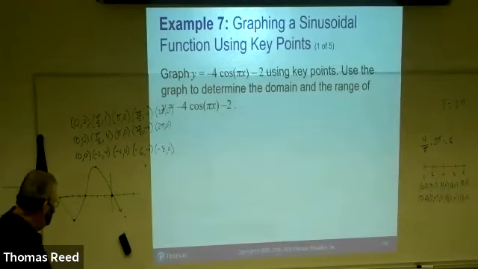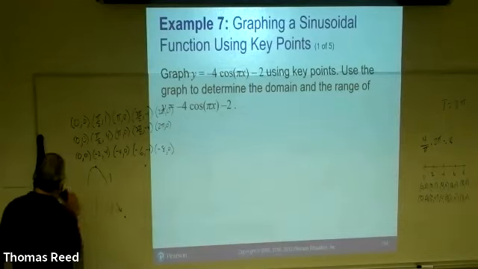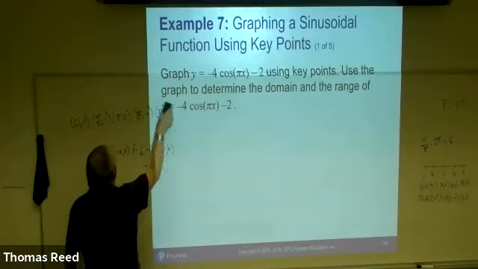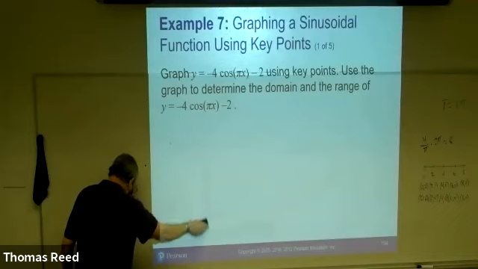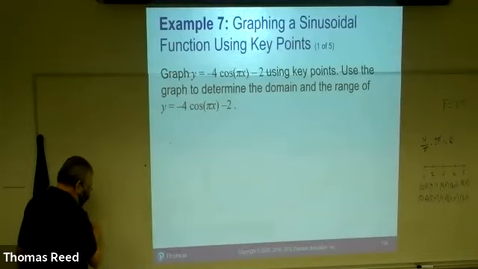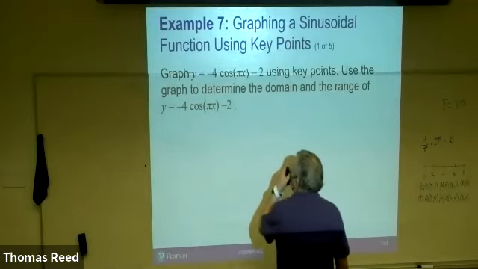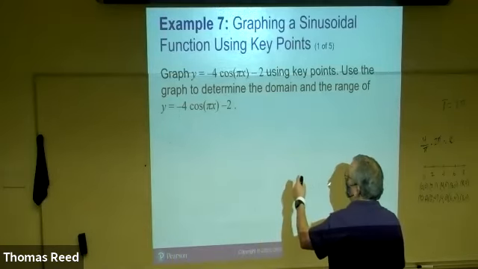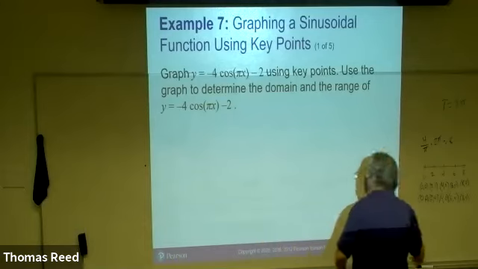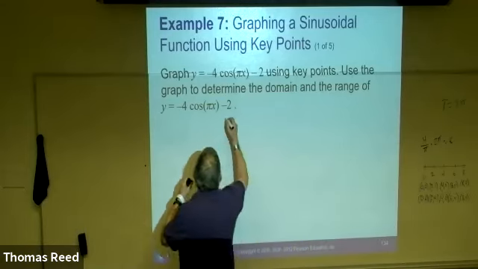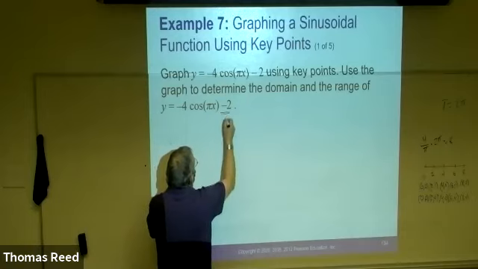Okay, so this one is going to be very similar, but it's with cosine. Omega in this case is pi. Oh, and they have the added feature of this -2 here.